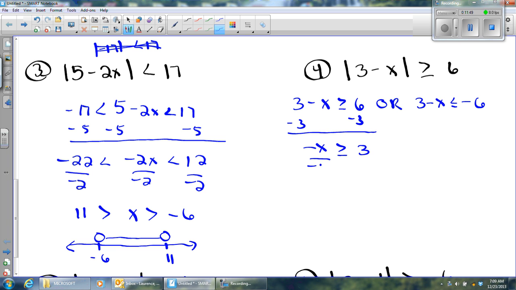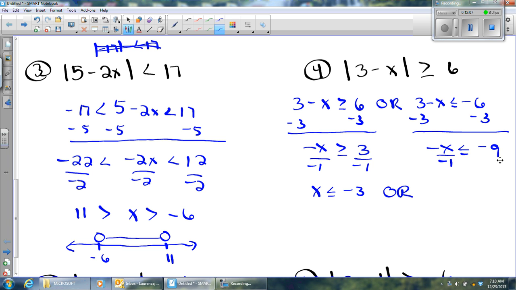I'll divide by negative 1, divide by negative 1. So x is less than or equal to negative 3. Or over here, subtract 3, and I'll get negative x is less than or equal to negative 9. Divide by negative 1, and then I will get x is greater than or equal to 9, and I can go to my number line.